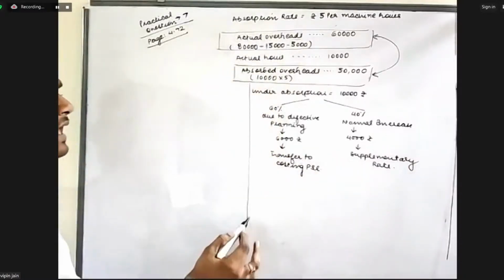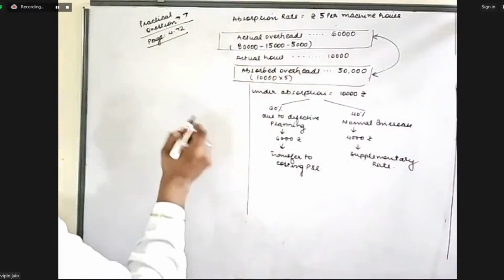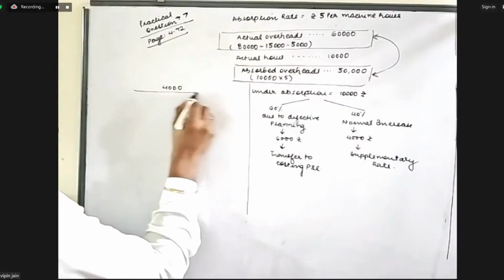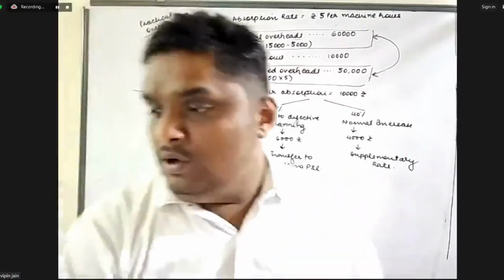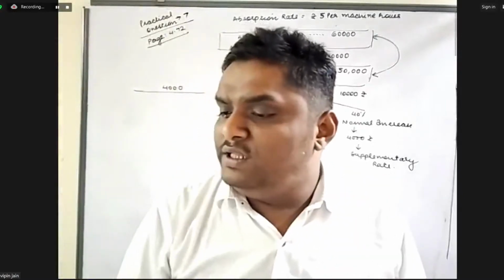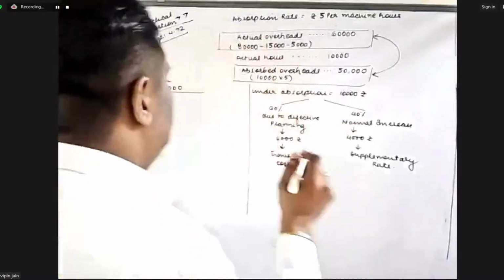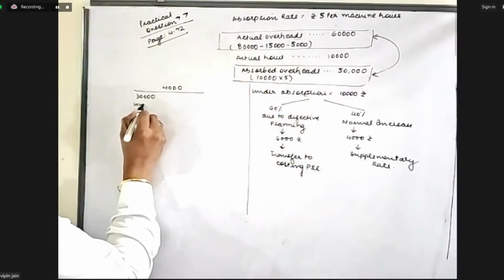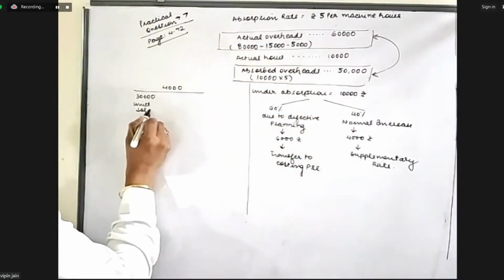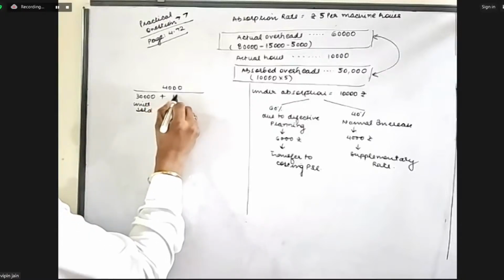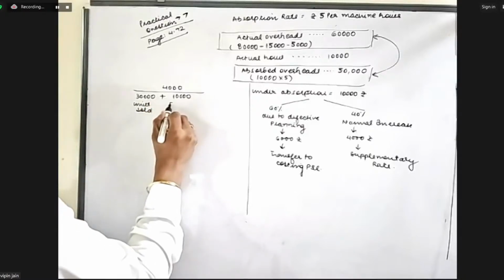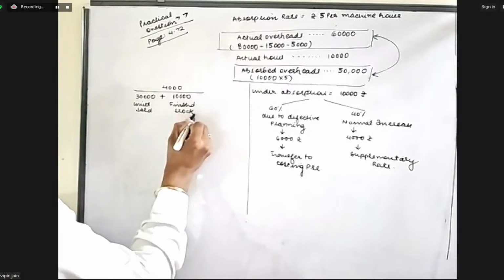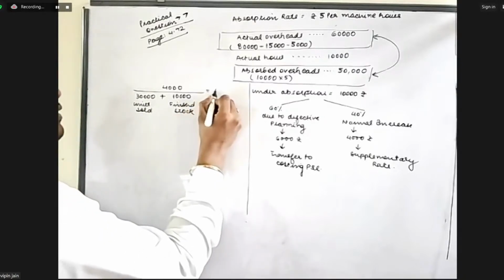So when talking about calculation of supplementary rate, the amount is 4,000 divided by total units manufactured, 40,000, of which 30,000 were sold. So 30,000 is units sold, and 10,000 is finished stock.